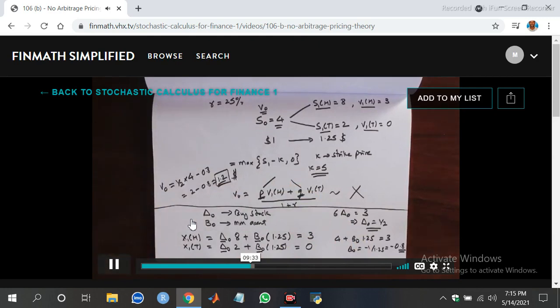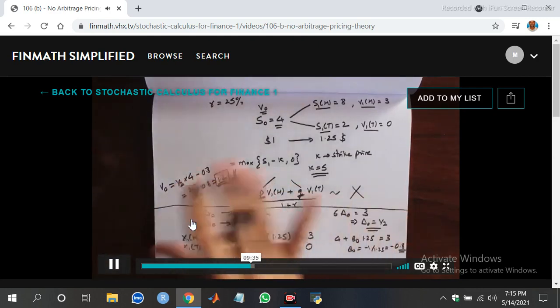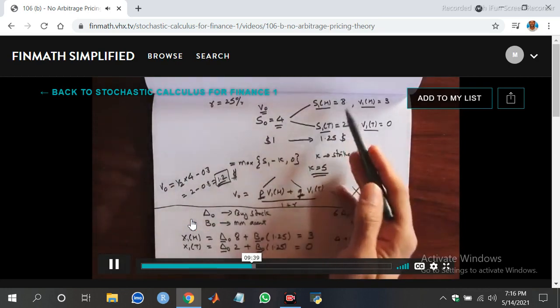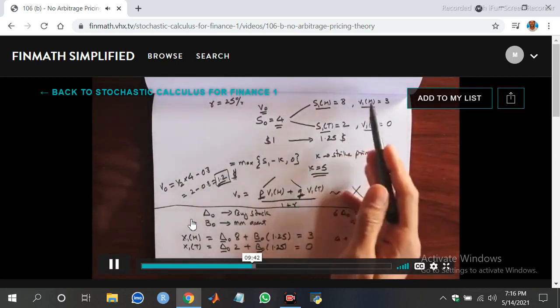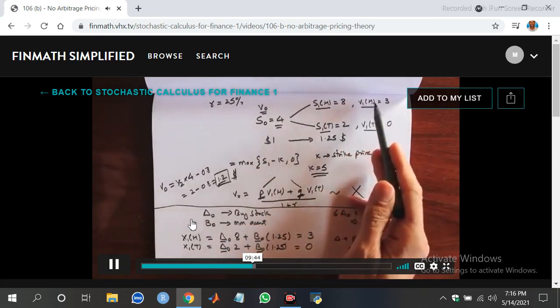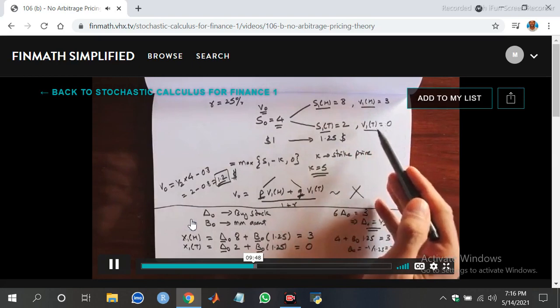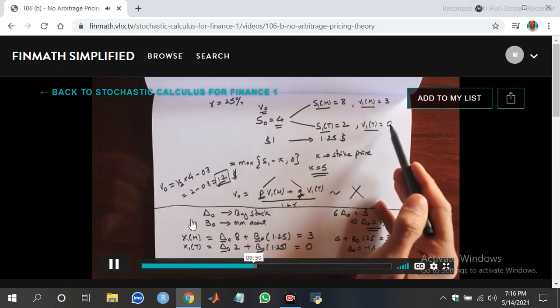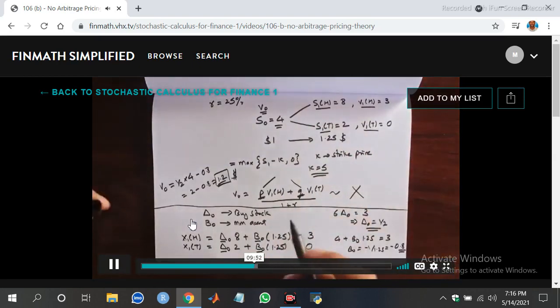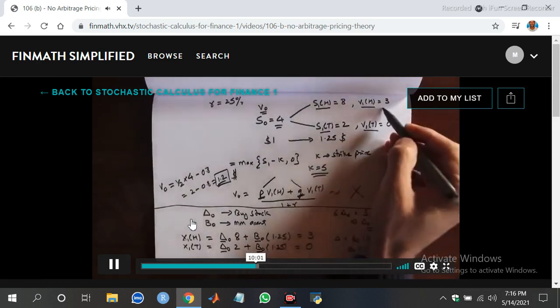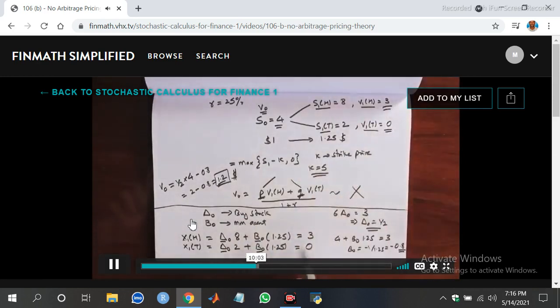Okay, so let's recap this theory. We had a stock that could take 2 possible states in the future, and under these 2 possible states, the value of a European call was given by V1 of H, which was equal to 3, and the option could be 0 in the other state. Then we said, we're going to create a portfolio of stock and money market account that will replicate the value of this option at time 1.